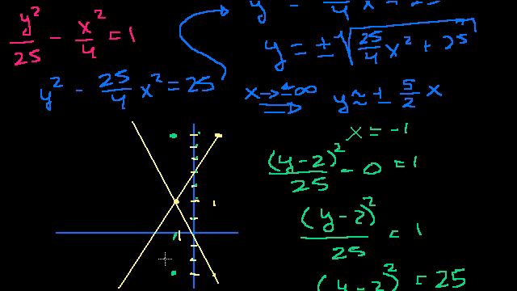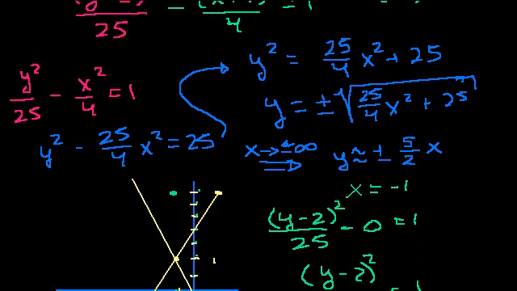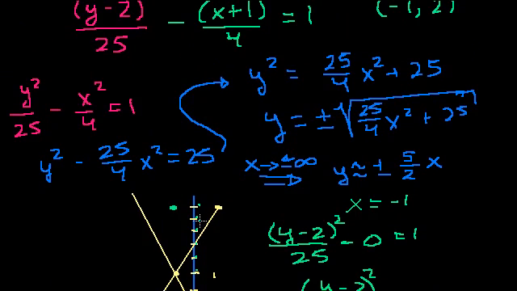So that lets us know, since we're inside here, that this is kind of a vertical hyperbola. Another way to guess it is if you see that the y squared term is positive. The other way to think about it is when you take the positive square root, you're always going to be a little bit above the asymptote. The positive square root is the top line.